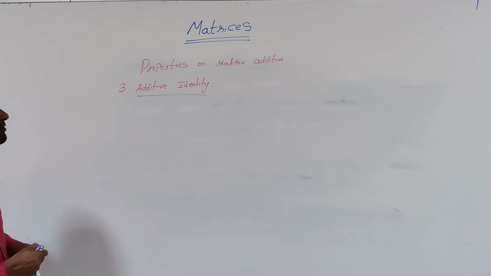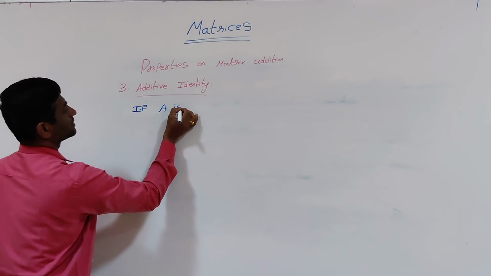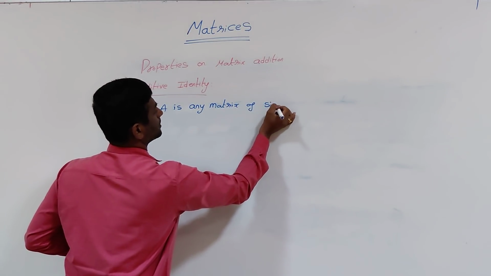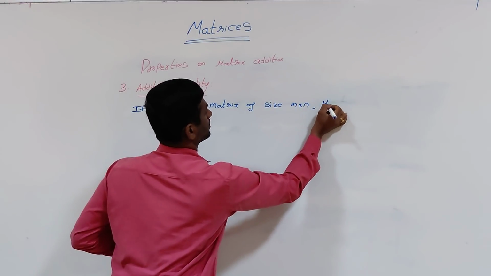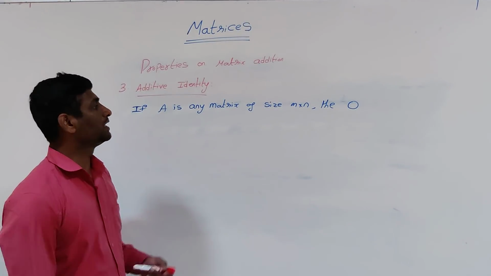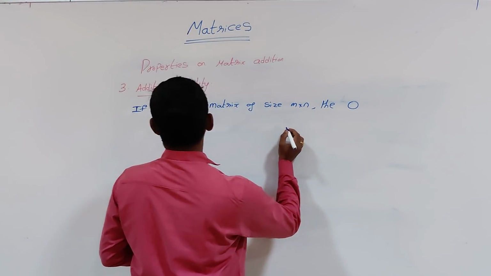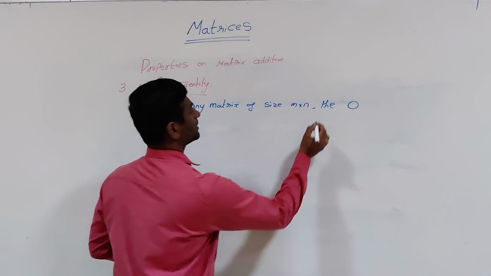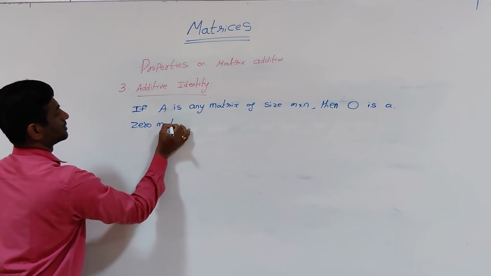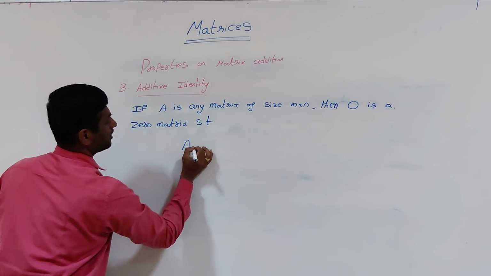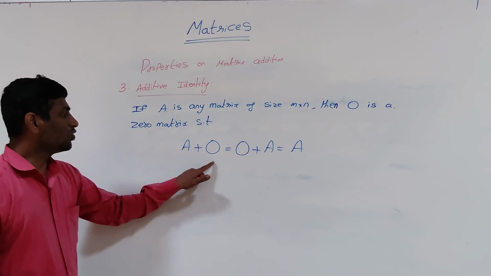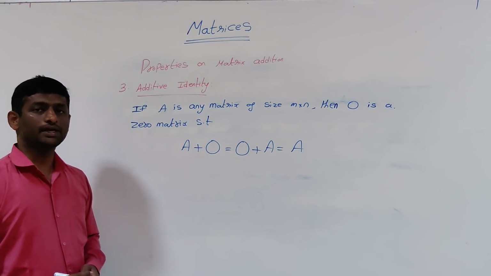If A is any matrix of size m by n, then O is also a matrix, which is a zero matrix of the same type m by n, such that A plus O is equal to O plus A, which is again A. Then this O is called the additive identity under addition.